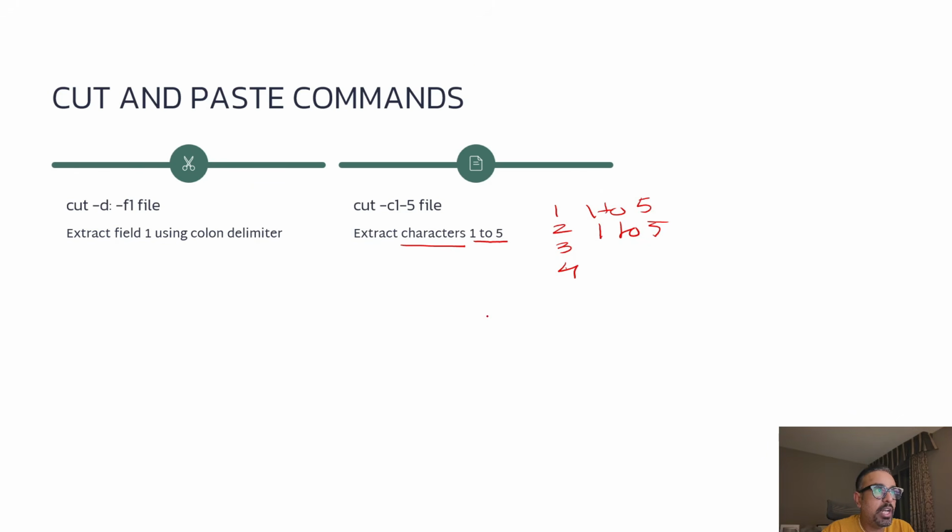And the C option that you see over here works with character positions rather than fields. Suppose my line number 1 has the entry "my name is XYZ".